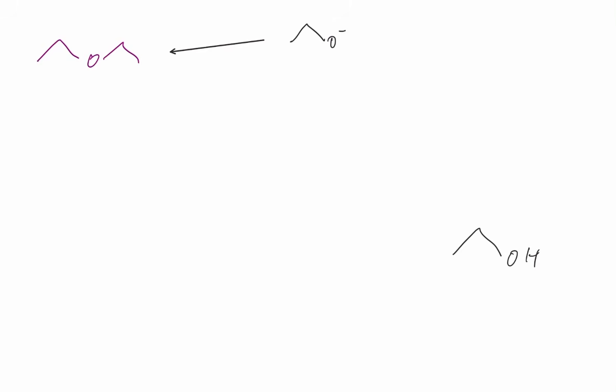The other part of our SN2 reaction is an alkyl halide, and we need to pick our alkyl halide to match this other arm of the ether. So I would see carbon 1 and 2, and then I would draw in the halide. So I'll just write bromine.